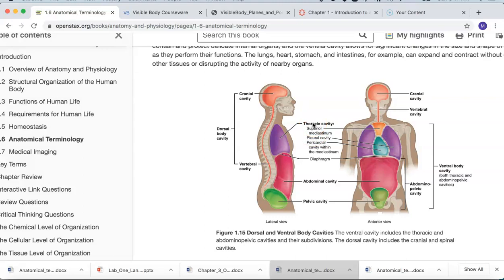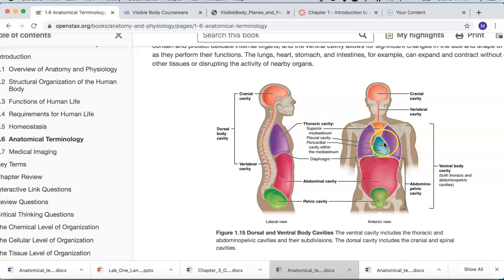It's going to look like three, but it's really just two. There's a mediastinum, which is all of this right here in orange and blue or teal. And it's subdivided into two things: a superior mediastinum up here, and then down here is the cavity that holds the heart, called the pericardial cavity. Anyway, this is all part of the mediastinum.